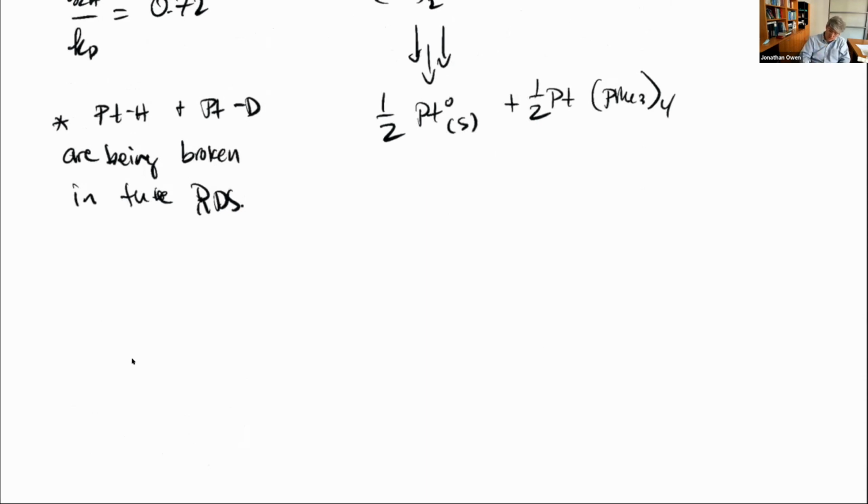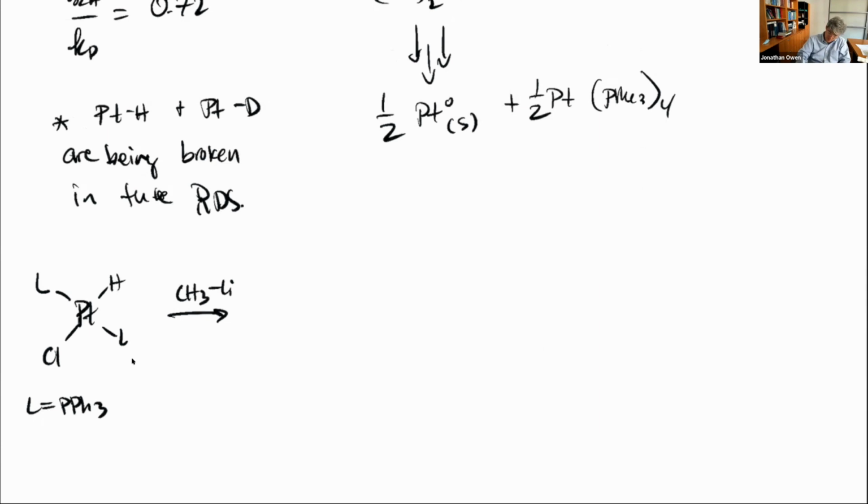So then along comes Jack Halpern again. And Halpern did a different study. He took some platinum hydrochloride complexes and reacted them with methyl lithium.